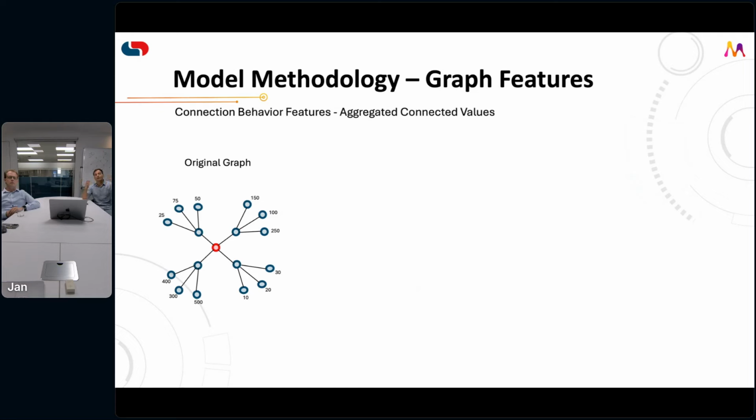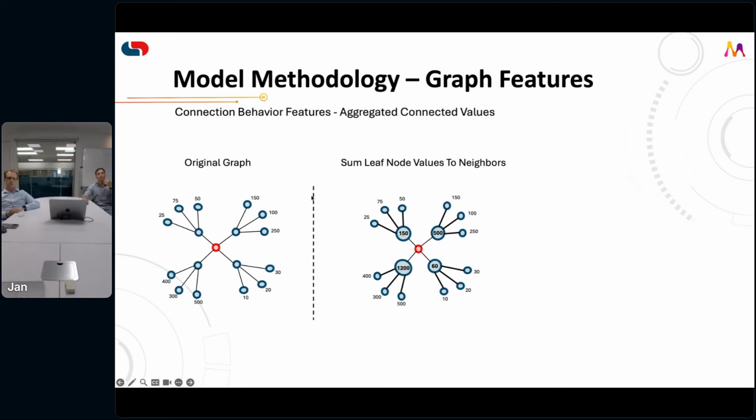And what that could represent is the total amount of inflow that someone has, or the total amount of expenses someone has. It's whatever floats your boat, you can add there. Now, when we had that graph, we said, okay, now add all of these leaf nodes and aggregate them into the 1 hop node.